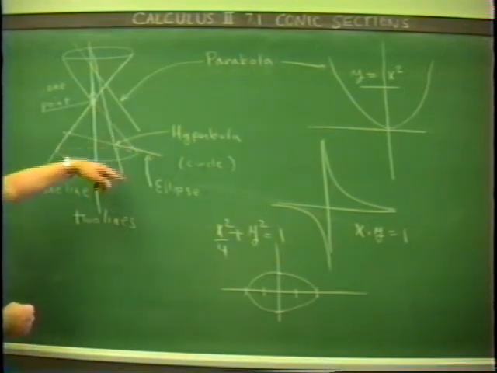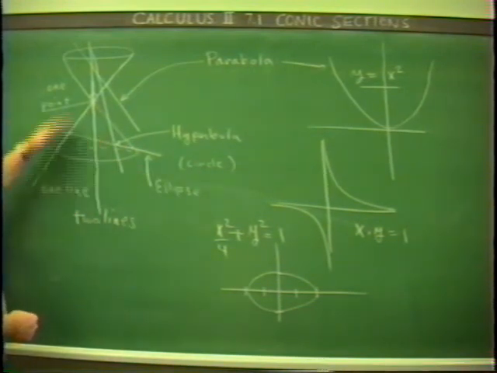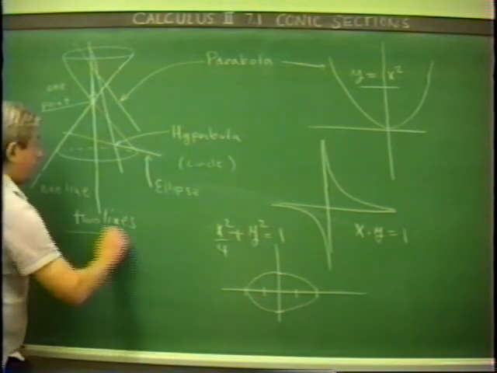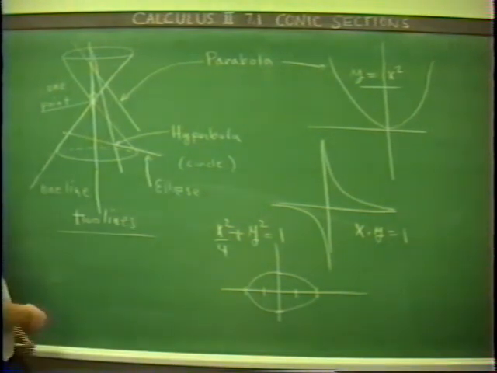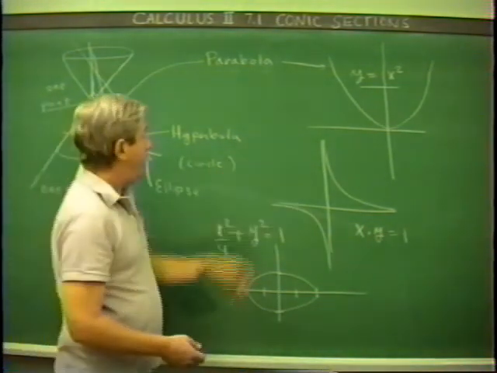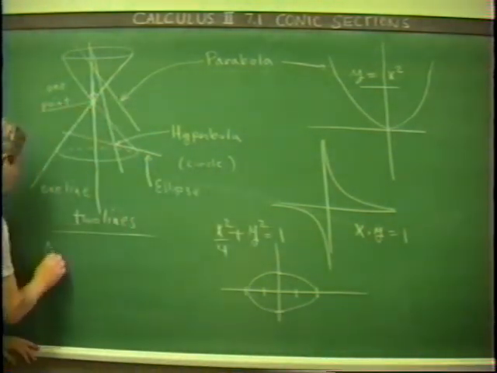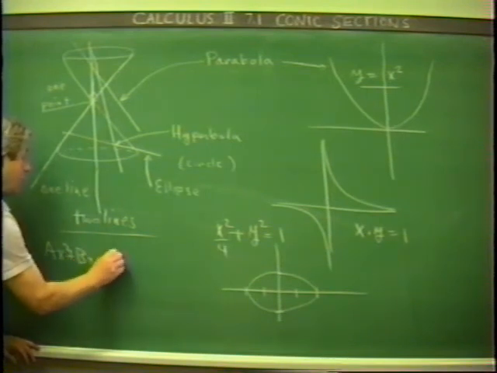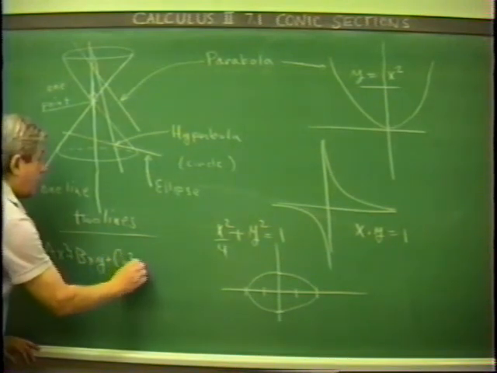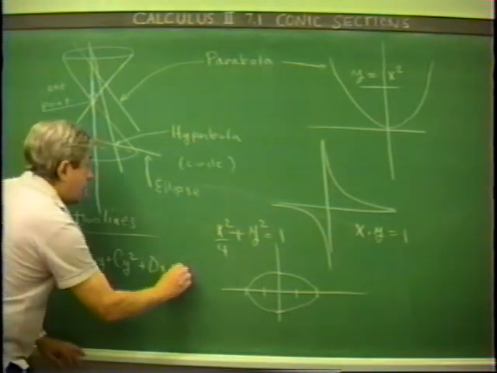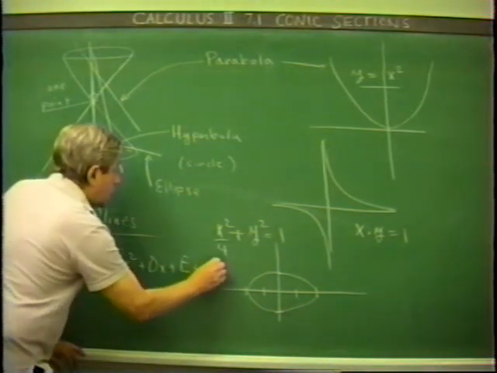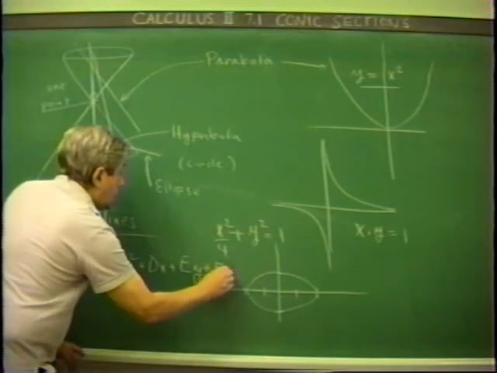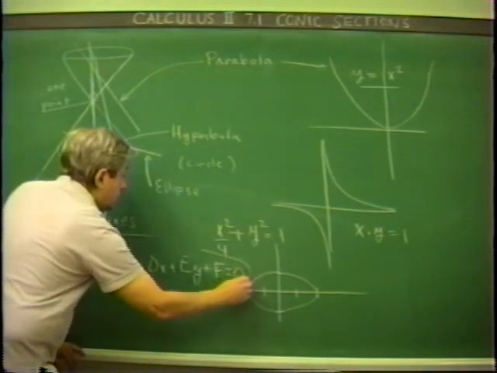So, a parabola, hyperbola, ellipse, possibly a circle, a point, a line, or two lines. All of these, when placed in the plane, have equations that look like this: ax squared plus bxy plus cy squared plus dx plus ey plus f is equal to 0.